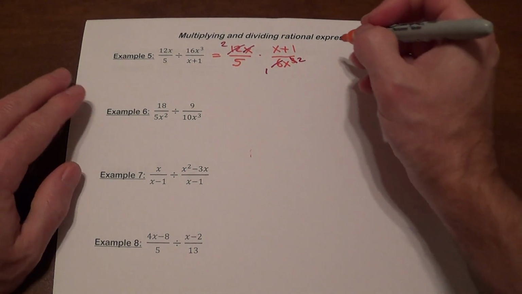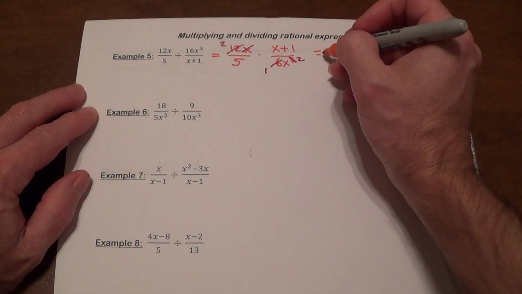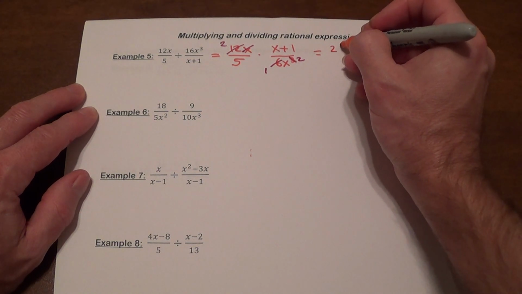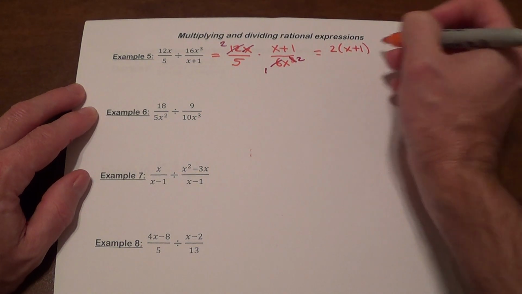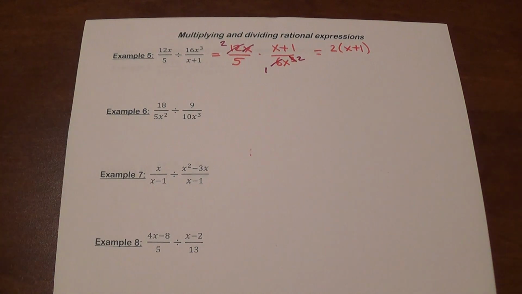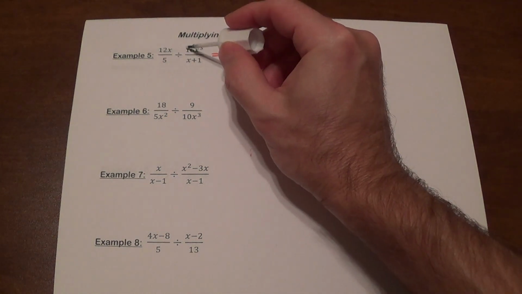So what do we have? The numerator will have 2 times x plus 1. And the denominator is going to have, oh, you know what, I made a mistake. Well, actually, we'll just fix it another way because I don't want to redo the whole thing.